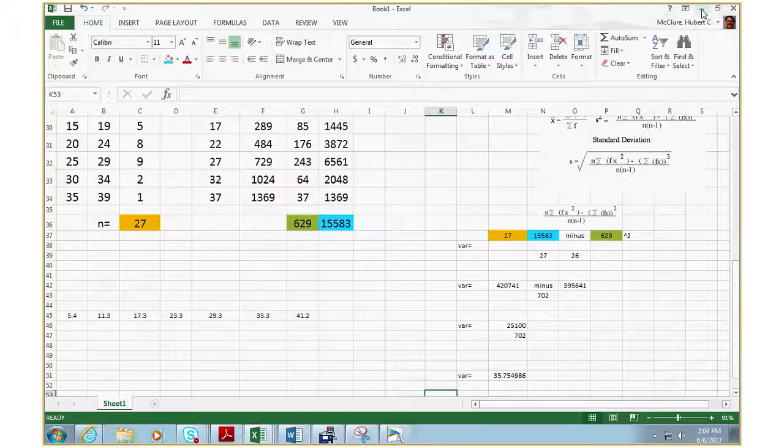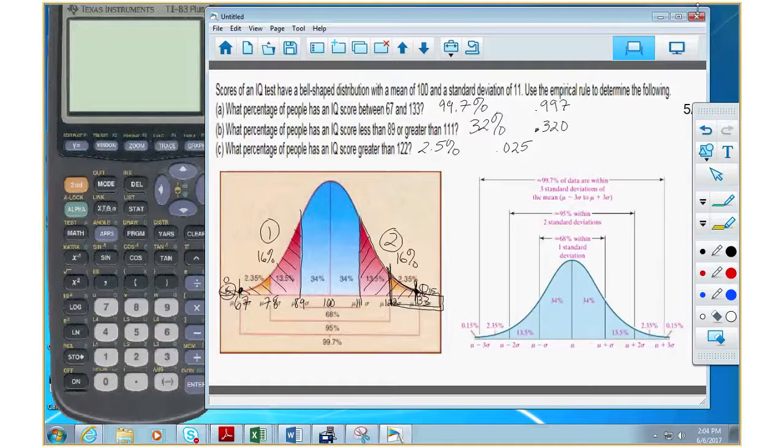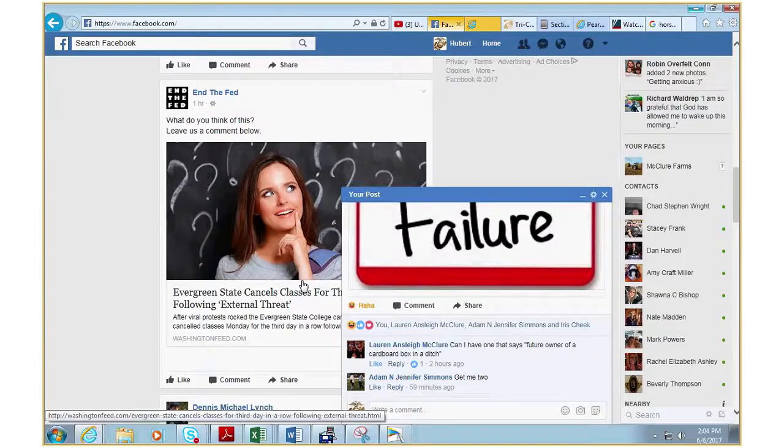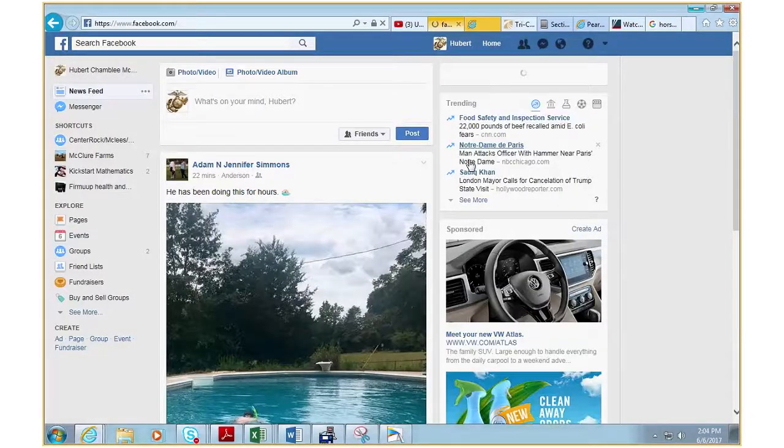Okay, I forget y'all's names sometimes, so I'm going to order y'all some name tags. And there they are. What happened to it? It went away.